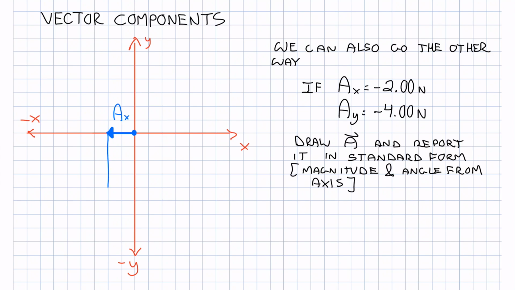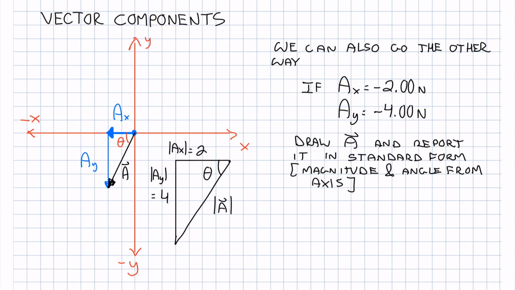And then on the tip of AX, I will sketch AY, which is 4 newtons, pointing down in the negative y direction. Then I can draw vector A starting from my starting point and pointing towards the tip of the last vector added. So there's my vector A. Now I have a right triangle, and I'm going to define an angle theta that I'm going to try and determine.